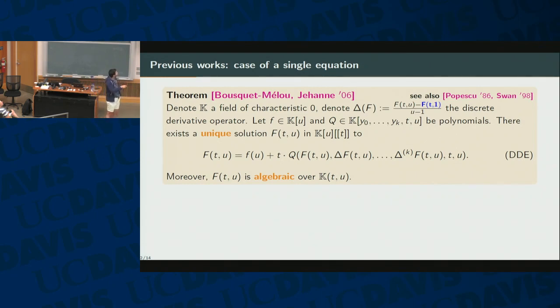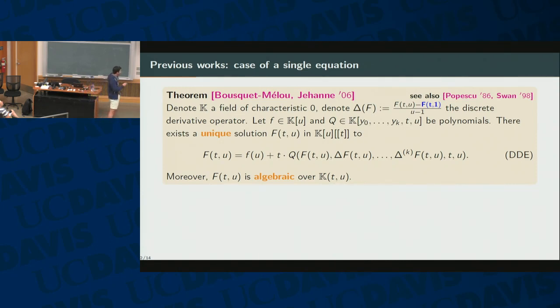Then for any discrete differential equation which has the following form, and which has a fixed point nature in the series f, there exists a unique solution with polynomial coefficients in the catalytic variable. And moreover, this solution is an algebraic function.